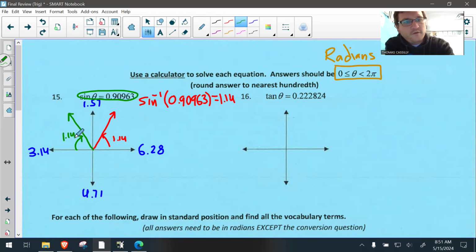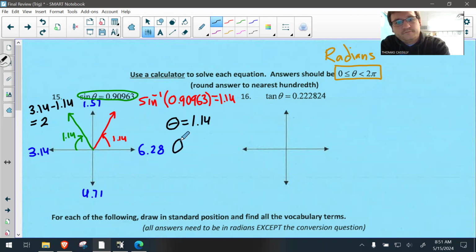To figure that out, we're going to end up with 3.14 minus 1.14, and that gives us just 2. So theta here is equal to 1.14, and theta equals 2.